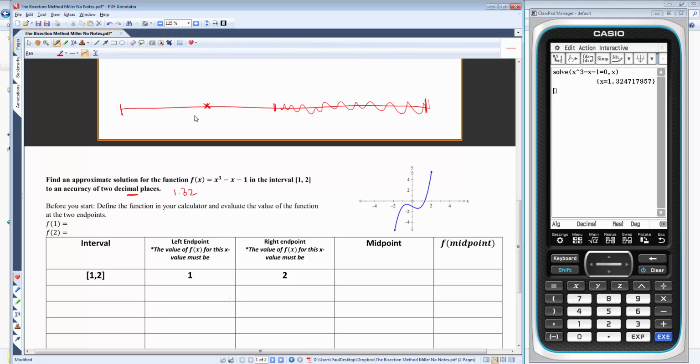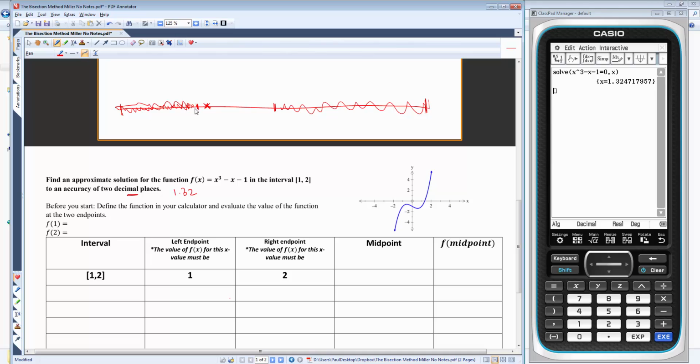And I concentrate on looking between here and here. So I find the midpoint between this and this, which is roughly here, and I work out which side it's on, and in this case it's on this side. So I forget about this, and notice what's happening here is I'm getting closer and closer and closer to where the cross is.